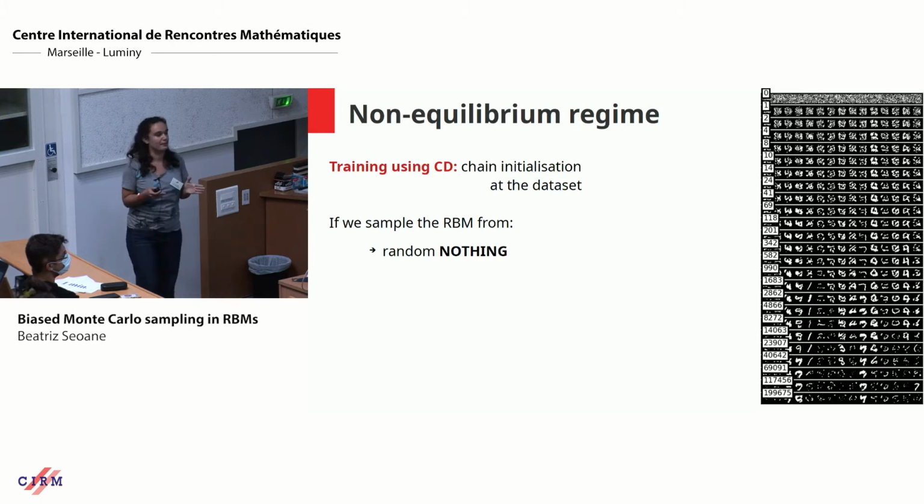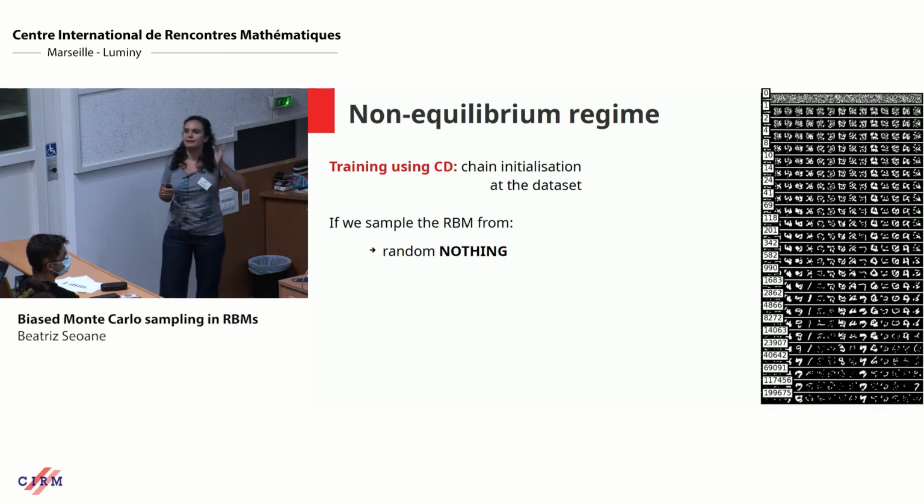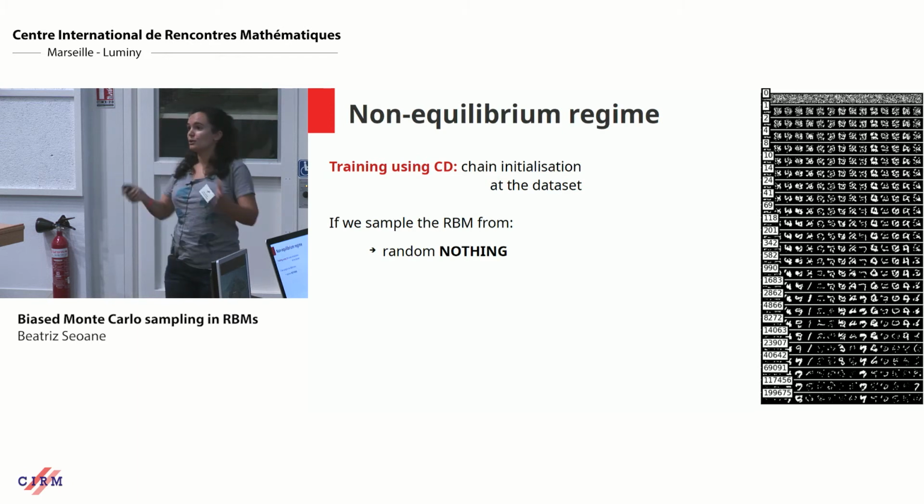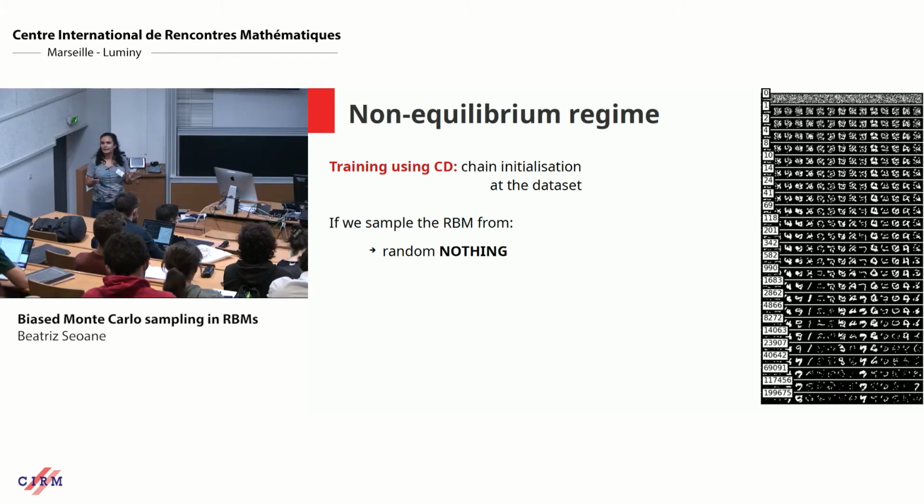If the machine learns the procedure to create by repeating the same dynamics, this means that if we train the machine using contrastive divergence, which is, as I said, initializing the chains from the data set, then if during the sampling I start from random and I start to sample, what I see is absolutely nothing. I don't create numbers ever.